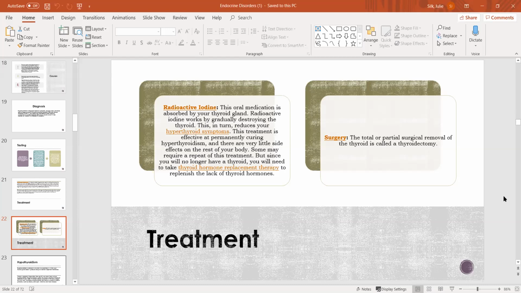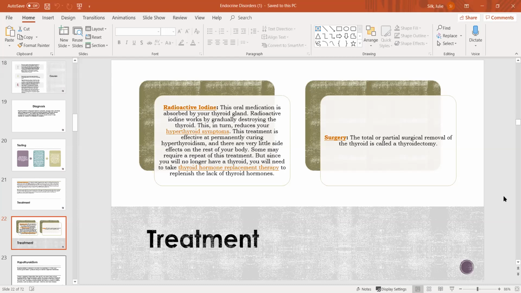All right, one more thing I want to talk about with this, and then we'll go on to hypo, I think. Okay, so there is a complication that you can have when you have hyperthyroidism that you could go into something called thyroid storm, which I don't have a slide about, so you need to just write things down.